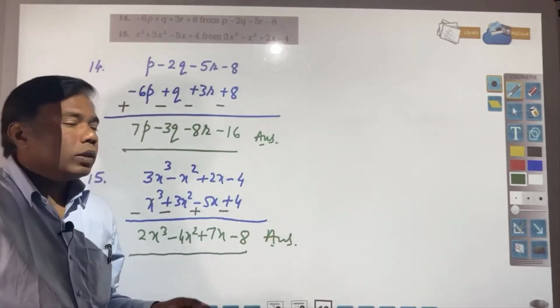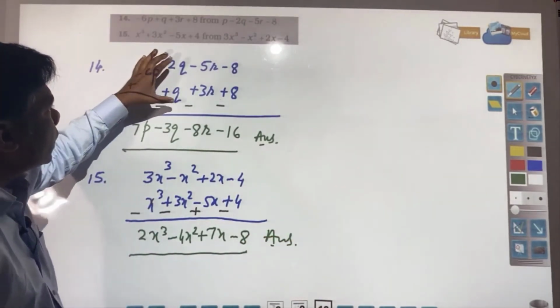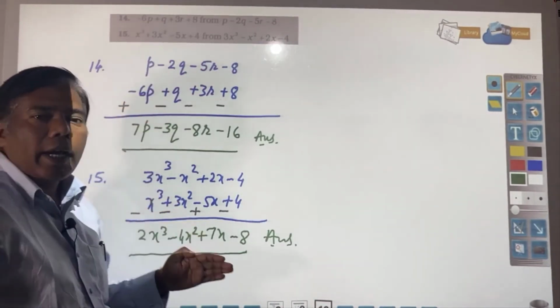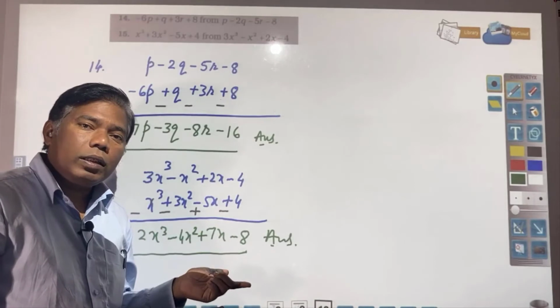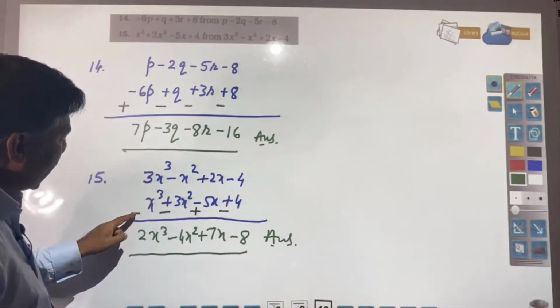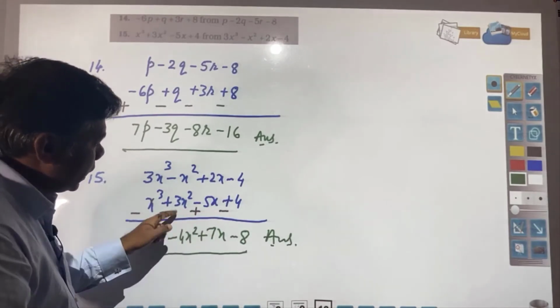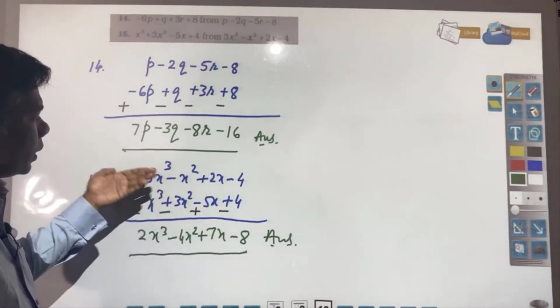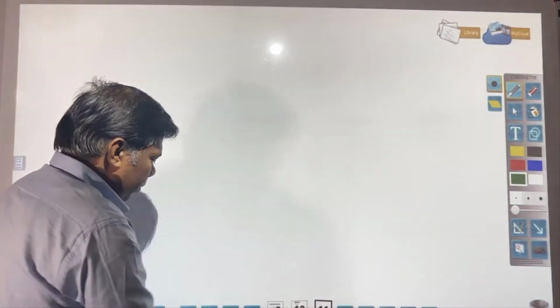So easy it is, only you need to arrange in proper order both the expression, and the expression which you need to subtract is required to be written in lower row. Sign is required to be changed, and then in addition, what things we follow, the same thing is required to be followed.